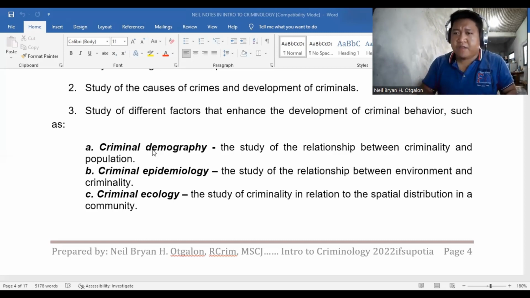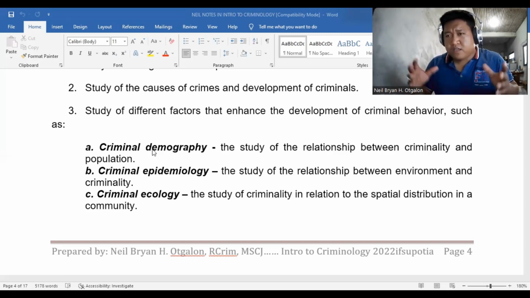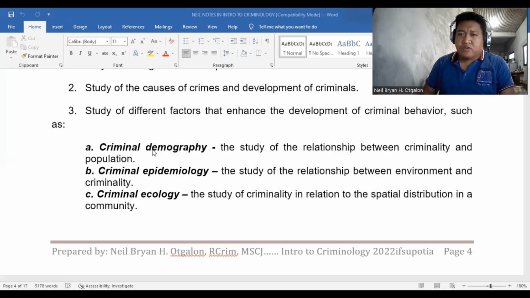So yan yung crime. So pag nasa isang area ka na marami ang criminal, maraming crimes ang nangyayari, then there will be the tendency na pwede kang maging victim or pwede kang maging criminal. So it attracts criminality. So yan yung criminal epidemiology.